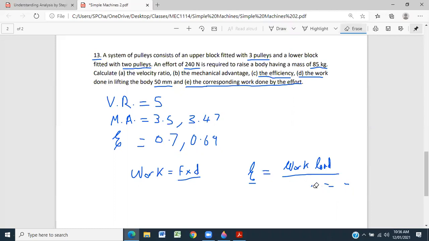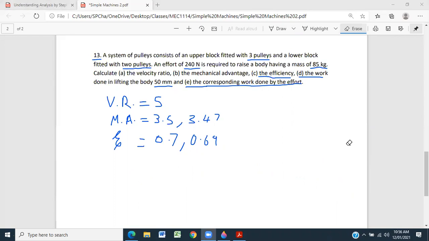Okay, good. So what he was saying is that using that same thing that we figured out, the velocity ratio is equal to the number of pulleys in the system. And this system consists of an upper block and a lower block, right? A system of pulleys consists of an upper block fitted with 3 pulleys and a lower block fitted with 2 pulleys.